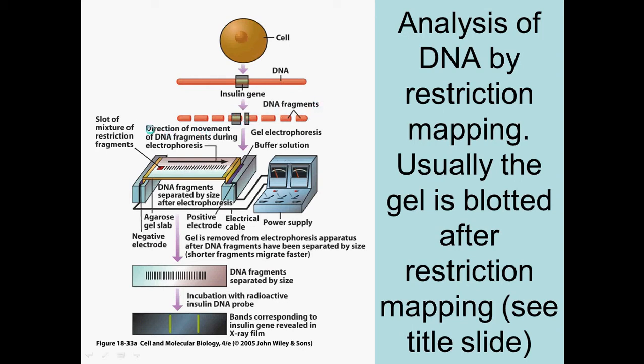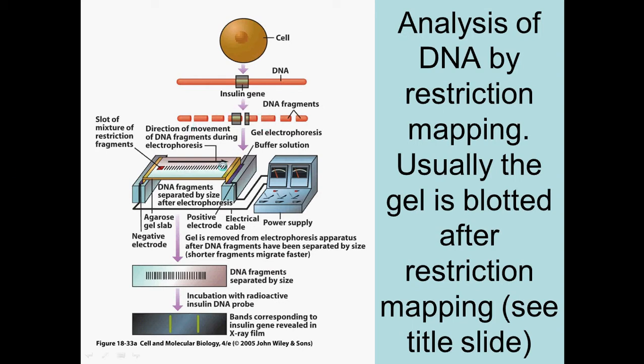The human genome is 3 billion base pairs. If you cut with a restriction enzyme that cuts after every 3,000 base pairs, you end up with 1 million fragments, because 3 billion divided by 3,000 is 1 million.